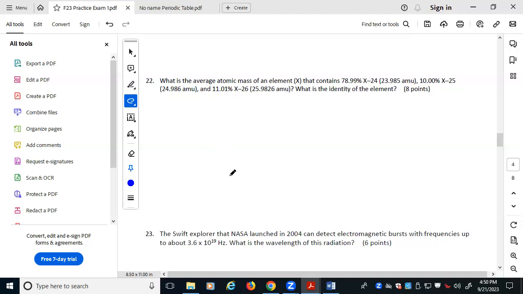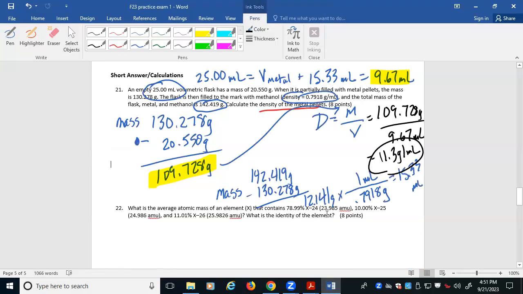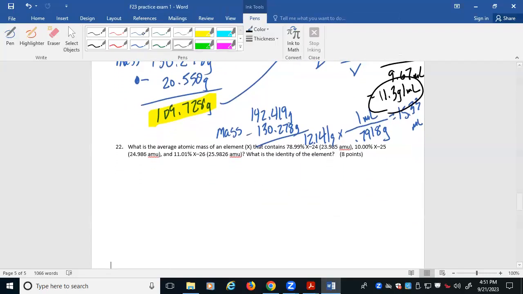So the process for this is, remember, we're going to take percent and we're going to multiply it by the mass for each of the isotopes.